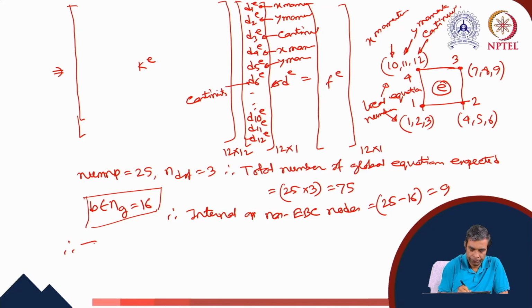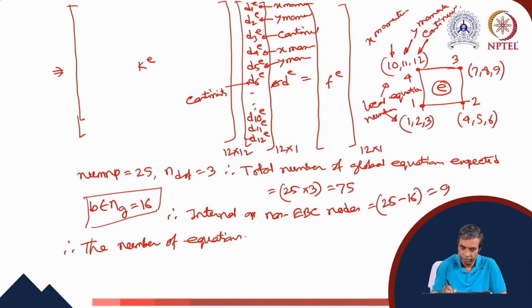So, we can calculate the number of equations that we have to construct after the assembly. The number of equations expected equals num p into NDOF.